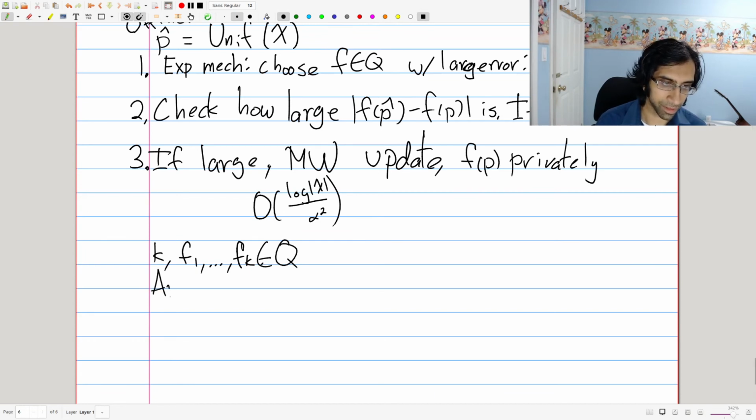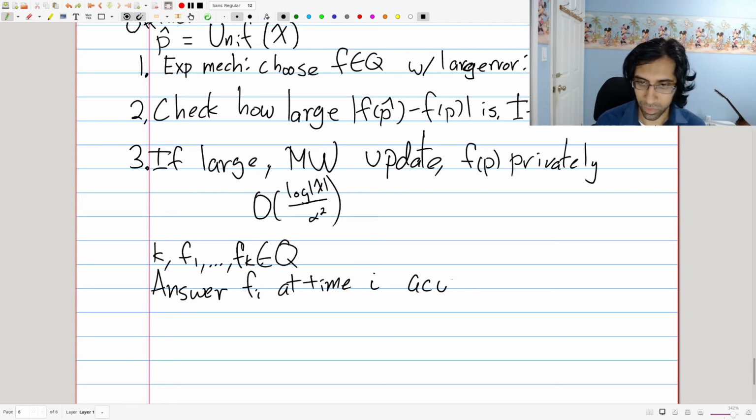So we want to answer fi at time i accurately, and of course also privately at the same time. We could also output a synthetic data set if we wanted, like output a p hat at the end, which would be accurate on everything simultaneously. But we're not going to discuss that much. You can think about that if you want, though.